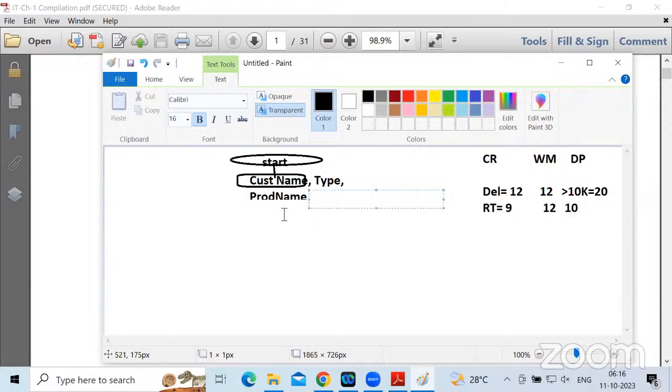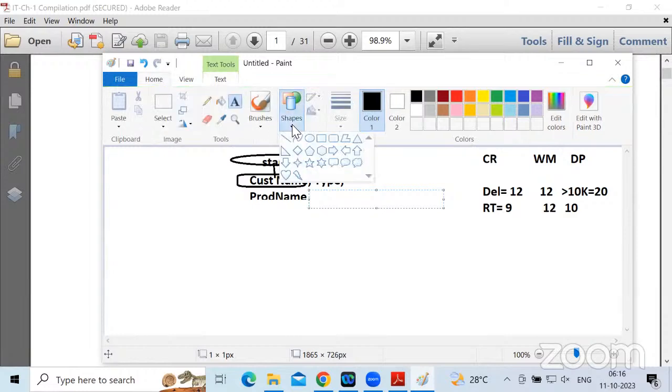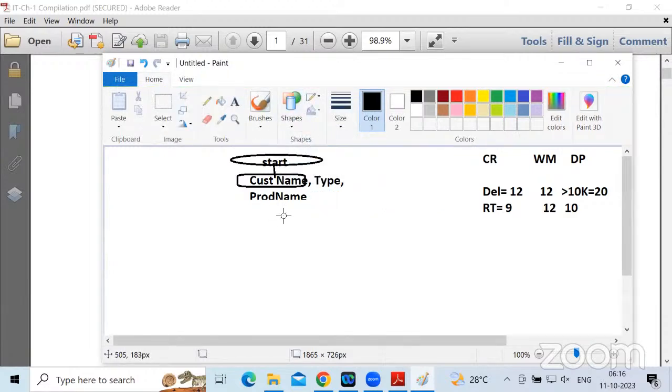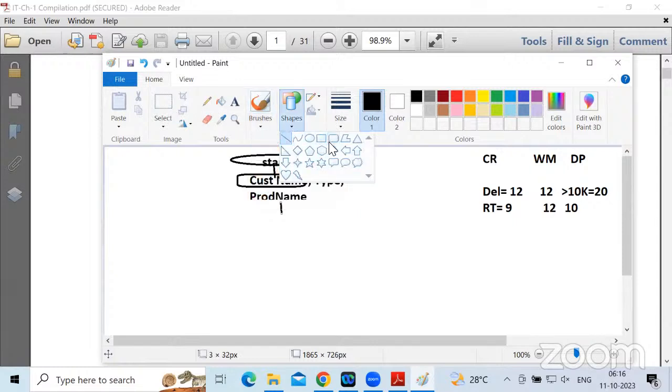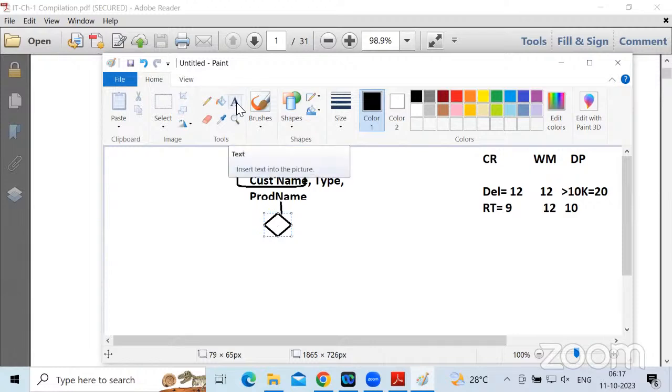Now after this, we'll add one more diagram. After creating the link, you have to go for the verification process. For that, you have to include this diamond-like structure. In this, you have to ask a question.